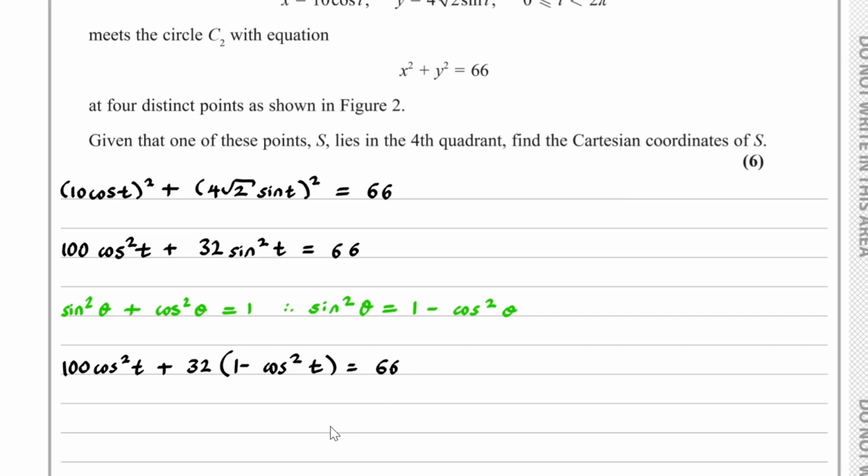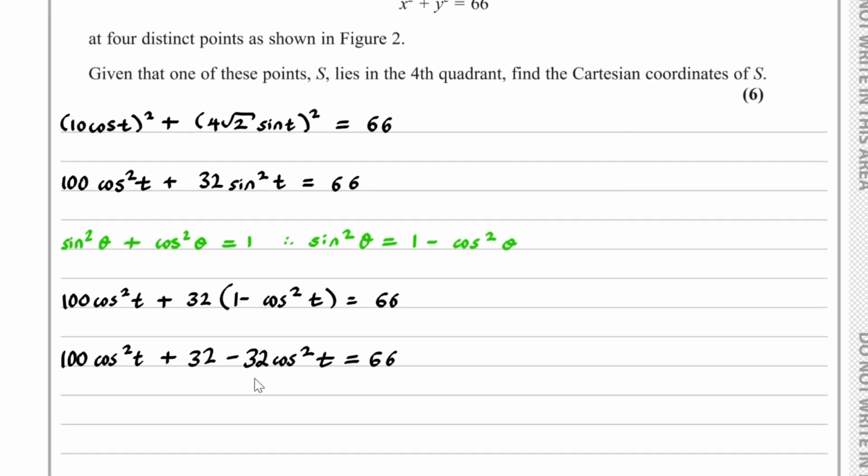And if we expand and simplify, you'd see we have 100 cos squared t plus 32 minus 32 cos squared t equals 66.